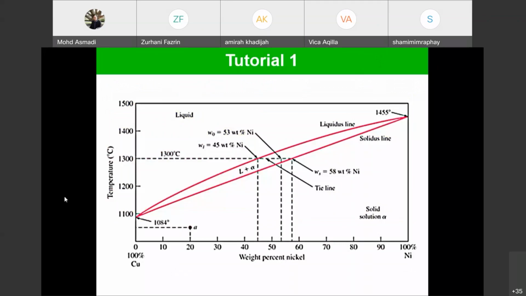This one, since it's 1350 and we start with 30% of copper. So this one is going to be what?